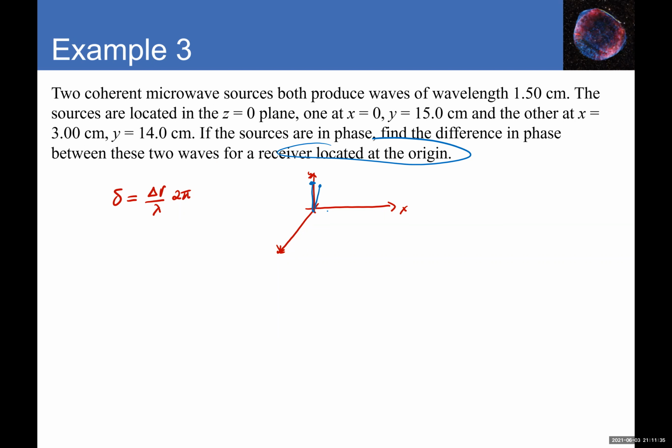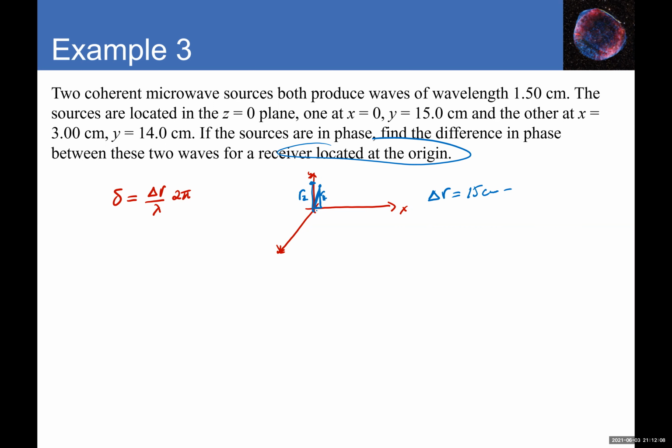Let's call this R1 and this R2, it doesn't really matter. We're just looking at delta R, which is their difference. So this will be 15 centimeters minus this distance over here, which we can find using a triangle.